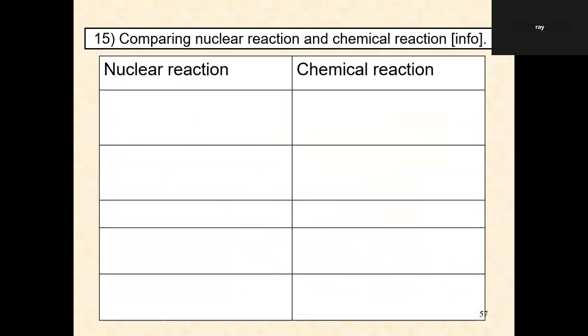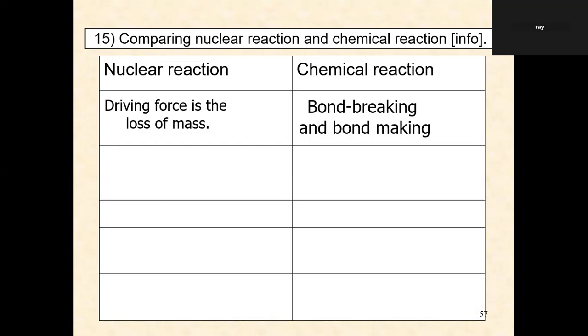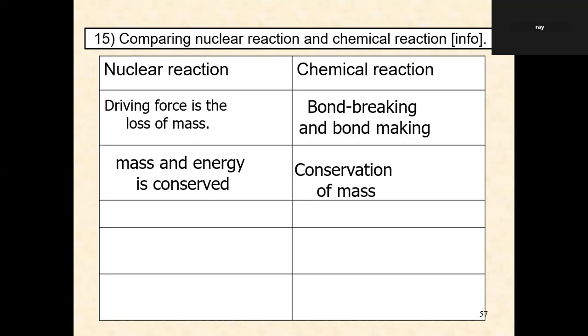Just for your info, comparing nuclear reaction and chemical reaction. In nuclear reaction, the driving force is the loss of mass. In chemical reaction, it is bond breaking and bond making. In nuclear reaction, mass and energy are conserved. In chemical reaction, it is conservation of mass. In nuclear reaction, the energy involved is about 10 mega electron volts, whereas for chemical reaction, the ionization energy is about 10 electron volts.